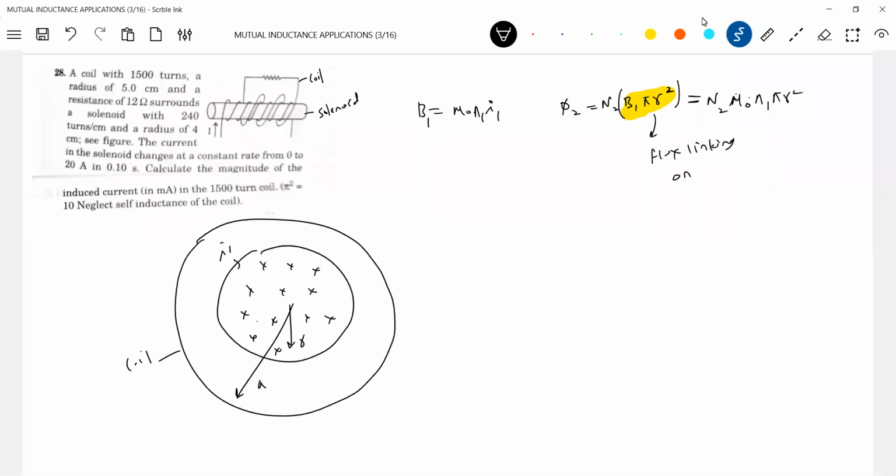Flux linking the N2 number of turns of the coil, that is N2 times mu naught N1 I1 pi R square. Keep it here this much.